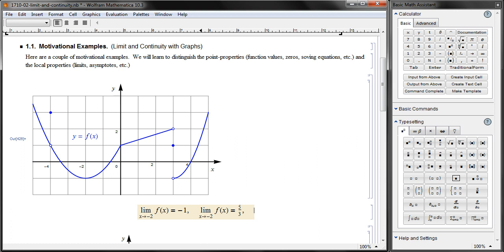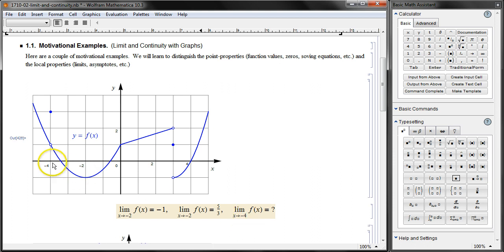Okay, let's consider this time a little bit bad point here, x equals -4. That'll be a little bit more interesting. Now let's consider the limit. So we have to follow the graph. I can follow from the left hand side, getting closer and closer to this.